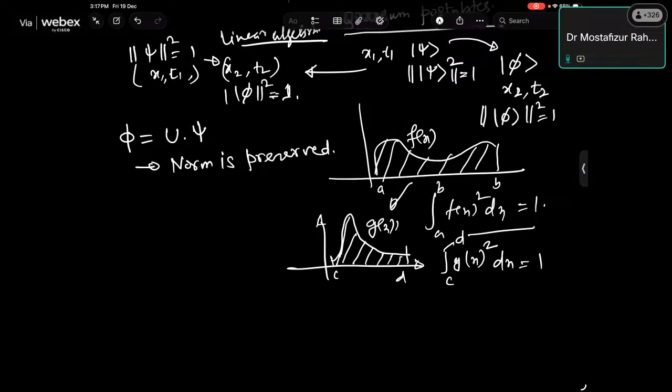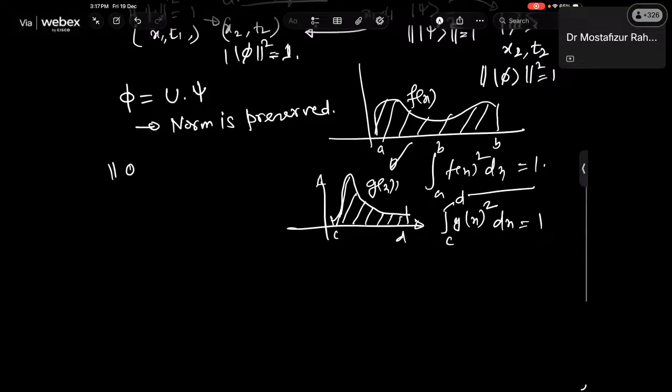So if I take the square norm of the second updated state, that equals u star u, psi star psi. This is the final state, right?